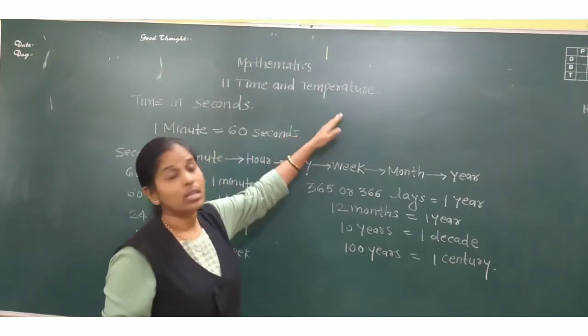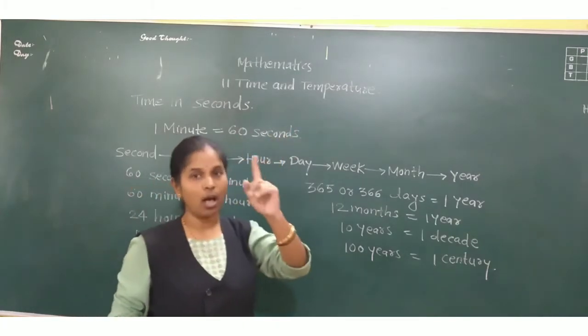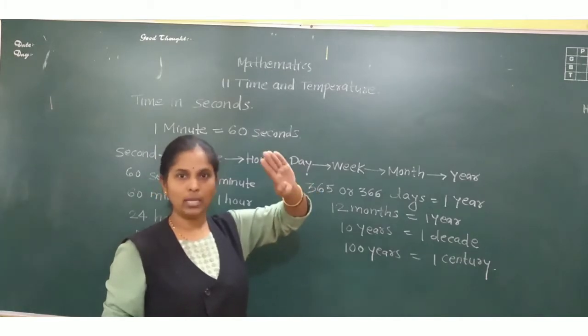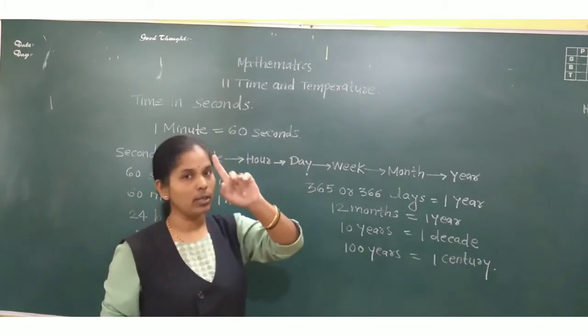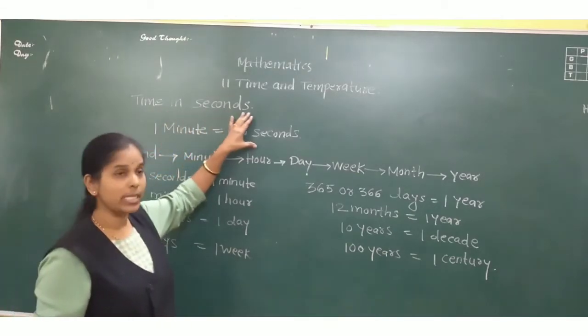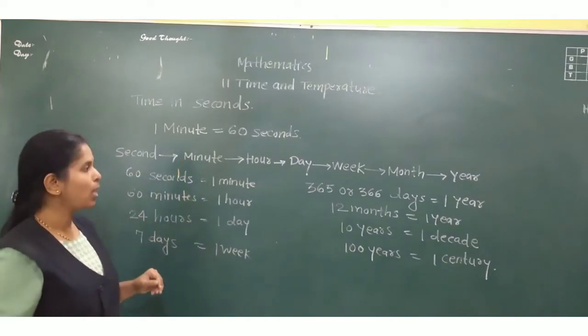The second hand moves 60 times on the dial, and it completes 1 minute. That means 1 minute is equal to 60 seconds. Okay, in 1 minute 60 seconds are there.